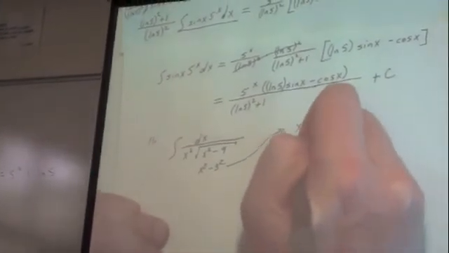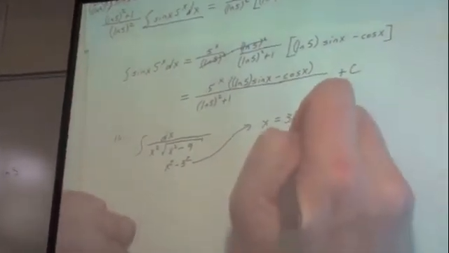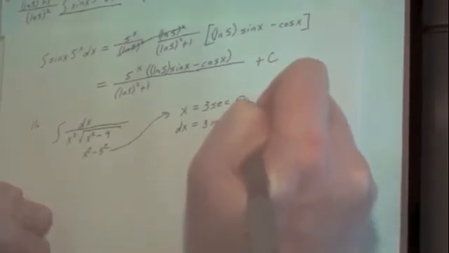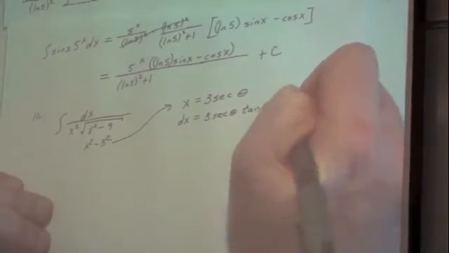But now, if we know that x is that, then dx, the derivative of secant is again secant tangent. So this will be 3 secant theta tangent theta d theta.